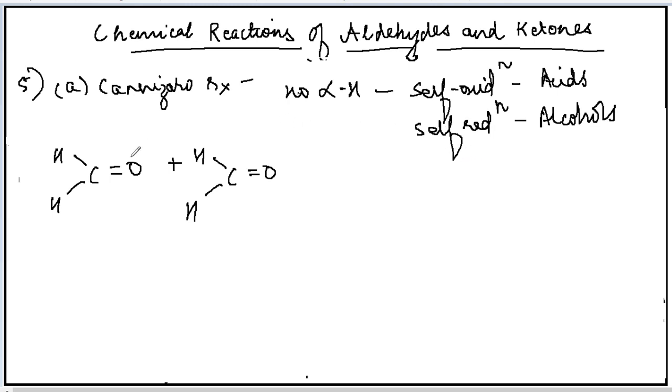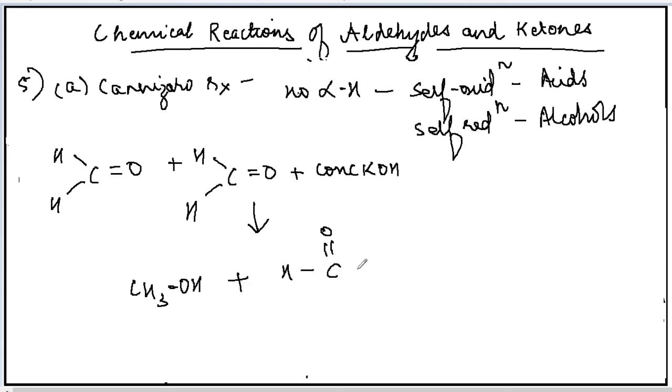Look at these formaldehyde molecules, they have no alpha hydrogen. So when they undergo reaction in the presence of concentrated potassium hydroxide, as a result of the self oxidation and self reduction, the product that will be formed is alcohol as a result of self reduction, and it forms potassium formate as a result of self oxidation.